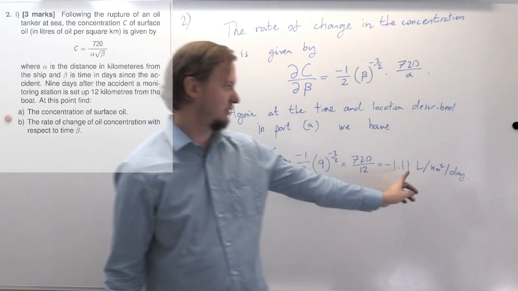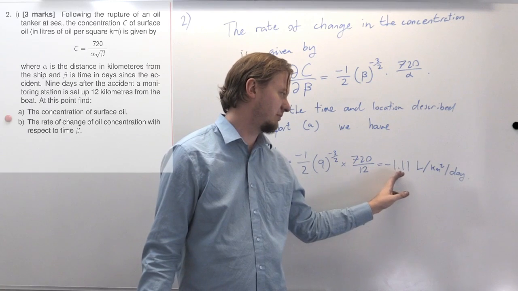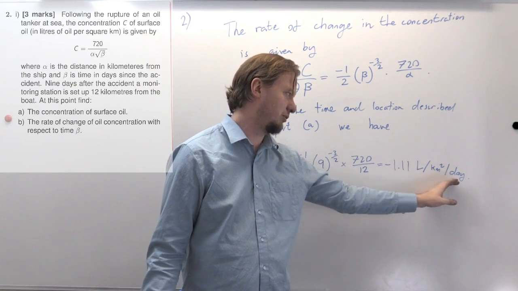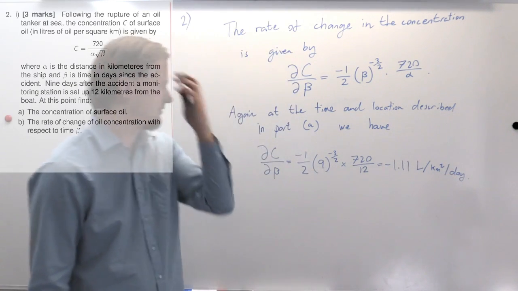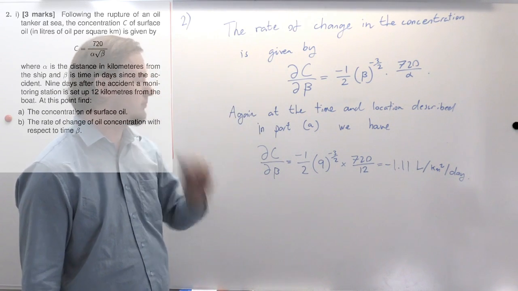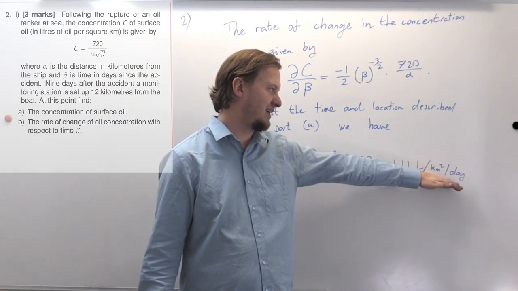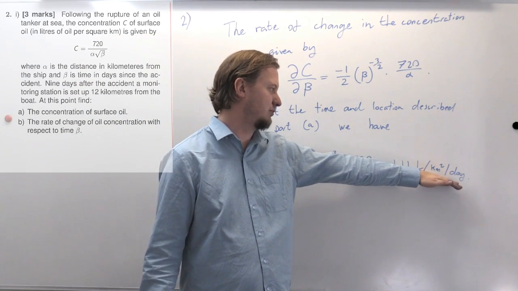The concentration drops, as an approximation, by this much per day at 9 days. Again, units are important to make sense of what the size of this number really is.